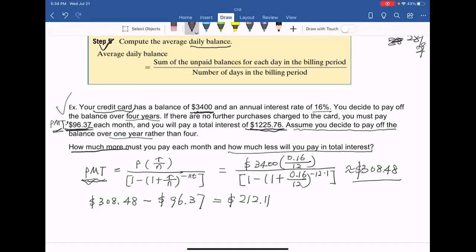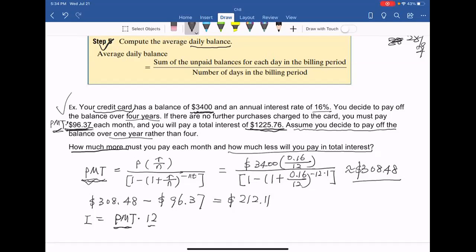And next one, how much less will you pay total interest? So we must find the total interest we paid if I paid off the balance over 1 year. So the interest equals the PMT times 12 because this is each month I need to pay.